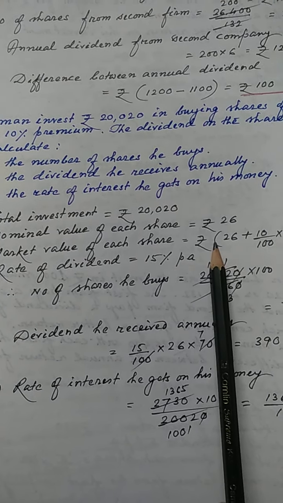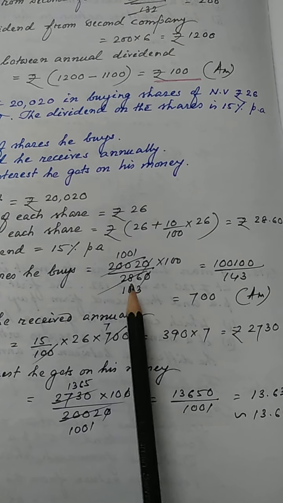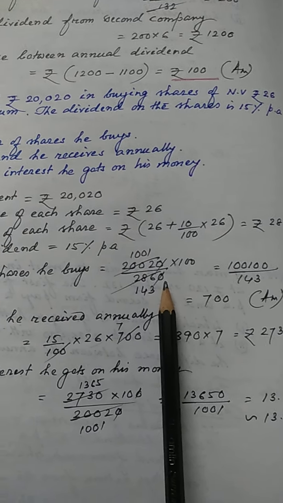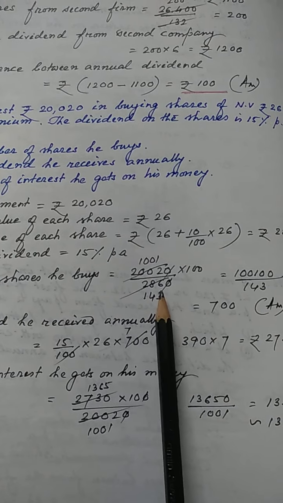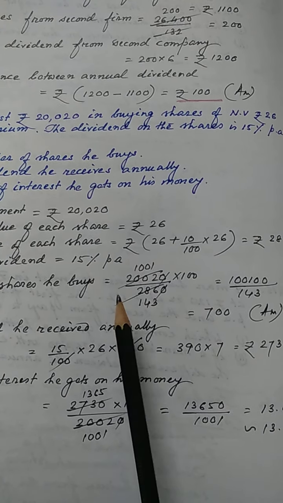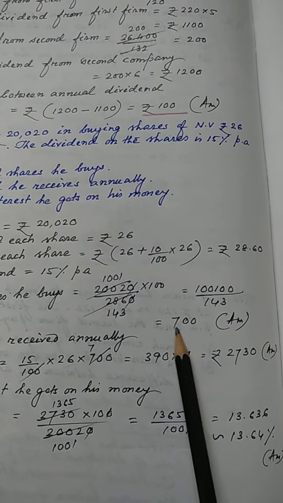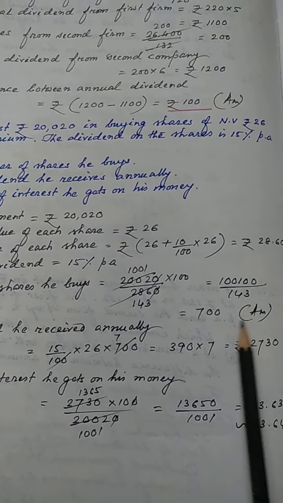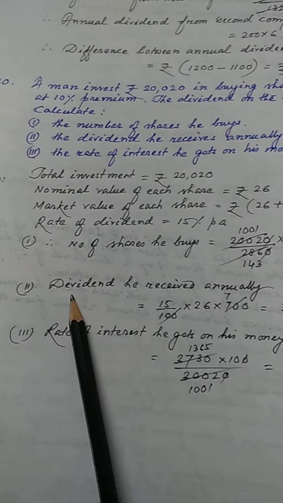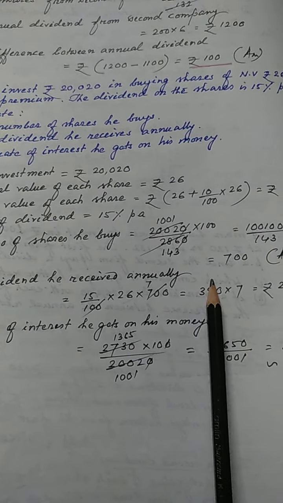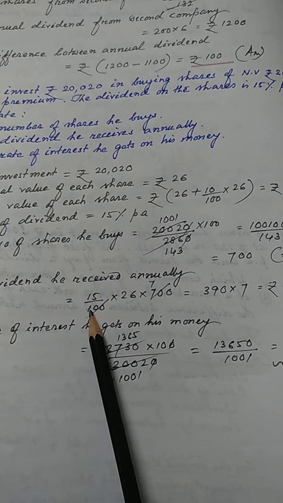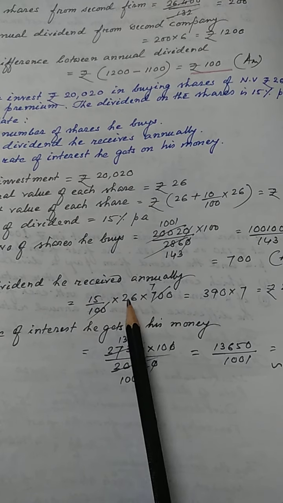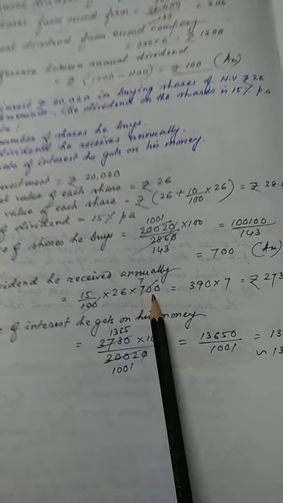Therefore, number of shares he buys will be 20,020 divided by 28.60, that is market value of each share, and solving it, it's coming 700. So number of shares he buys will be 700, and the dividend he receives annually is 15% of the face value, that is 15 by 100 into 26 into number of shares.